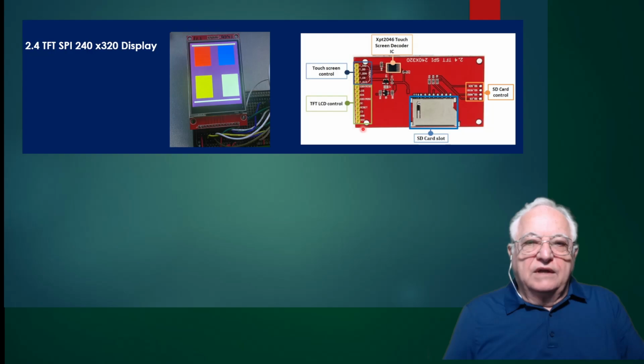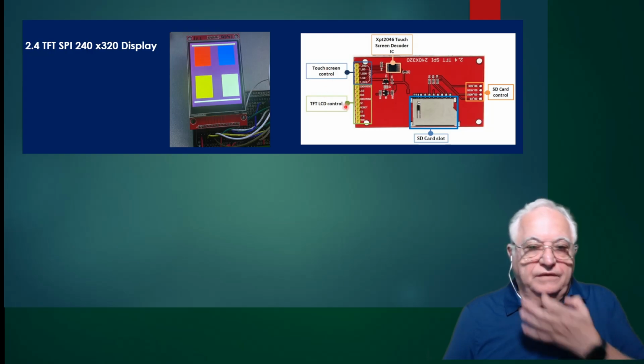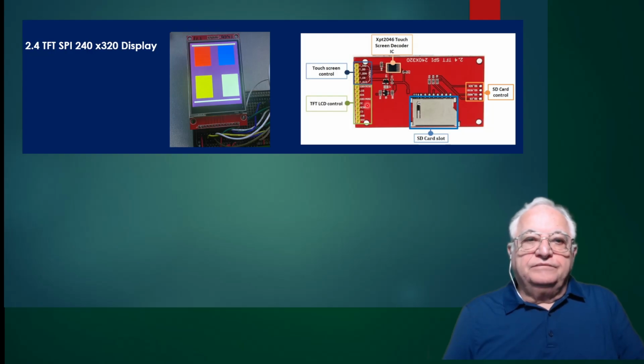If you look at the pins, you have a set of pins to deal with the TFT LCD control, and then a set of pins to deal with the touch controller. As far as the controller is concerned, it is dealing with two different SPI interfaces, two different SPI systems.